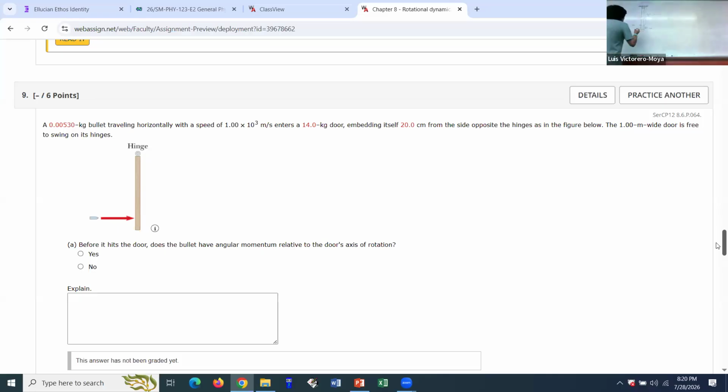And the speed of the bullet, 1,000 meters per second, with a mass of 0.00530 kilograms. The door is of 14 kilograms.